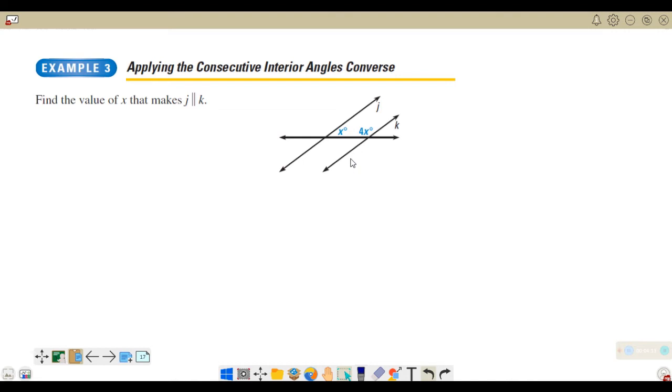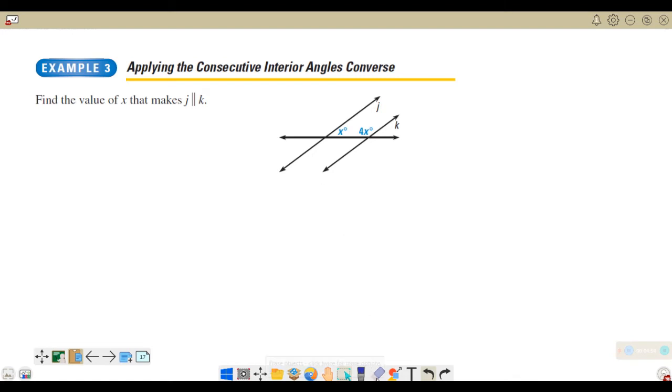Applying the consecutive interior angles converse. So, find the value of x that makes J parallel to K. So, sabi natin kanina sa consecutive interior angles converse, if you have consecutive angles and they are supplementary, then the lines are parallel.